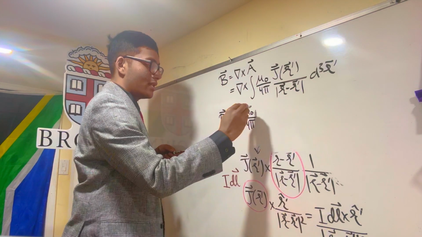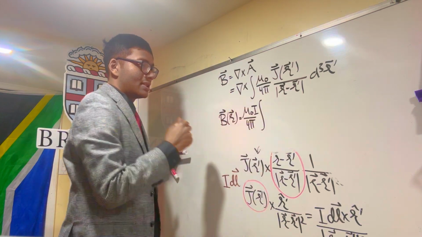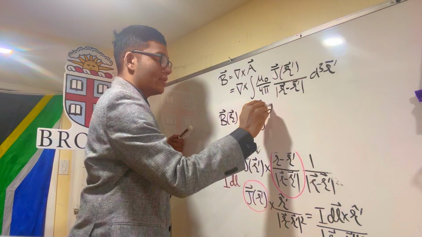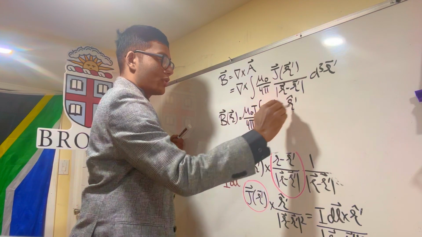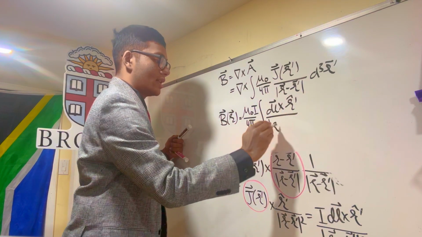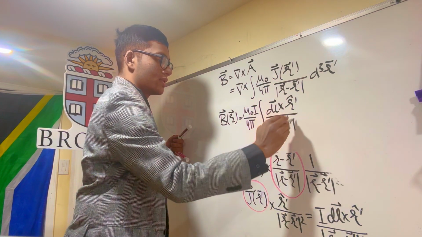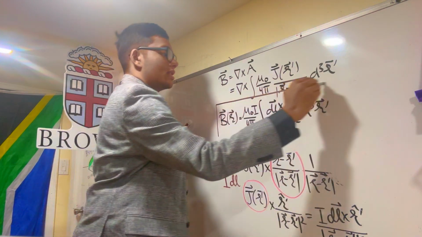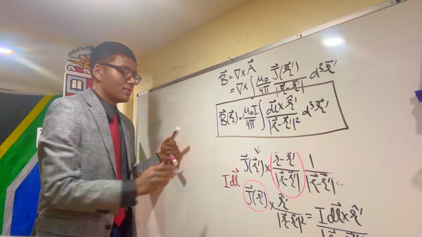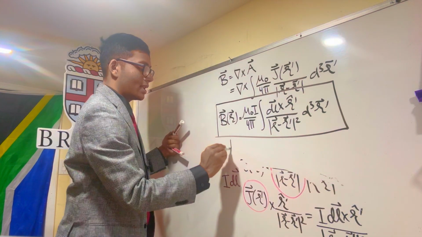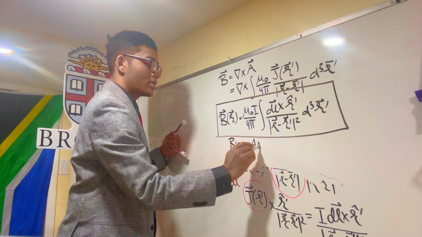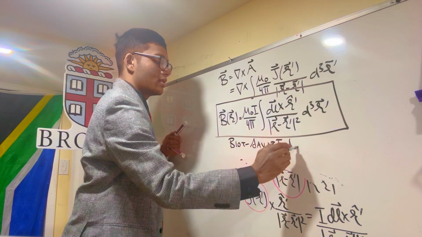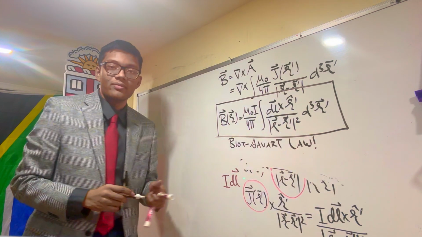Let's bring out our I, it's just a constant, times the integral of dl crossed into r hat prime divided by our distance to the source squared. And this, ladies and gentlemen, is the Biot-Savart law, which helps you calculate the magnetic field due to an arbitrary current distribution at some distance away from the source.